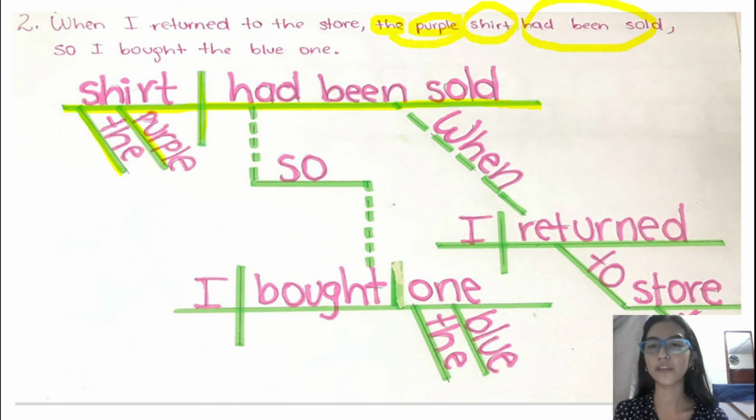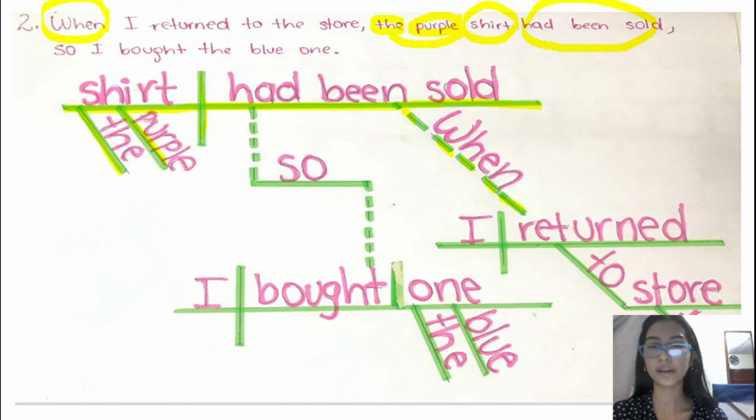Well, we have analyzed the first independent clause. So we are going to analyze the dependent clause. As you can see, here we have a subordinating conjunction, and it is going to be written here on a slanting broken line.